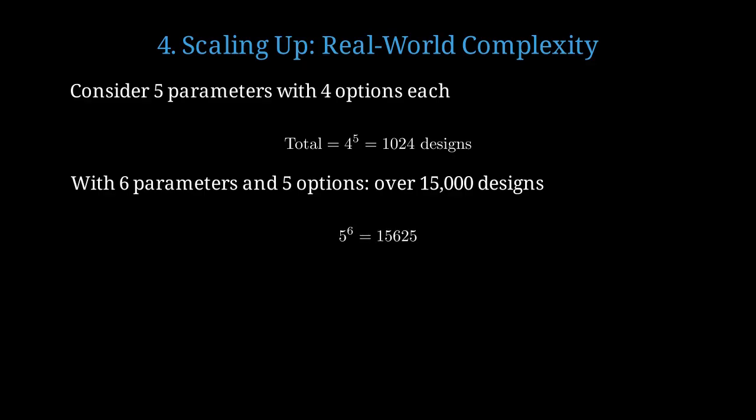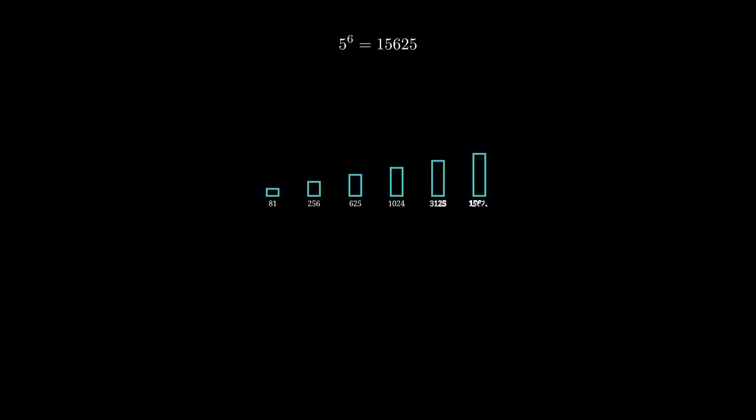Precisely, 5 to the 6th power equals 15,625 unique combinations. This explosive growth illustrates the power of systematic exploration. This bar chart shows exponential growth in the design space as we increase parameters and options. The combinatorial explosion creates vast exploration opportunities.